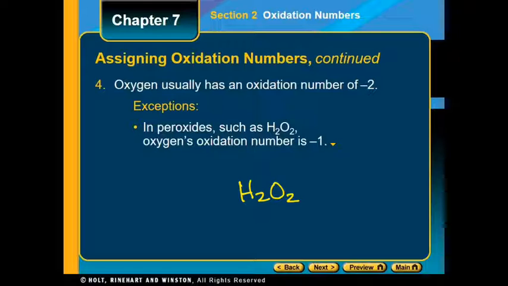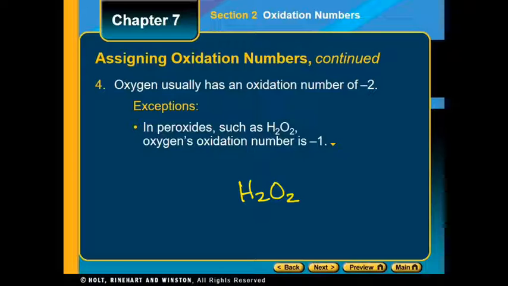You're going to learn here in the very next rule that hydrogen is always going to be a +1 unless it's with a metal. So that is our next rule. Hydrogen is a +1 unless it's with a metal.